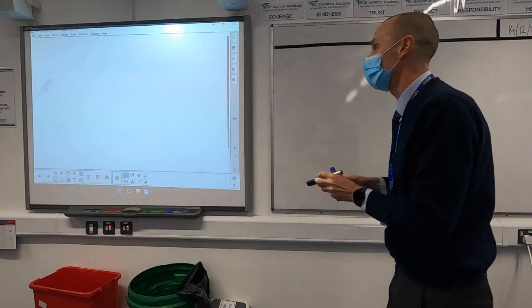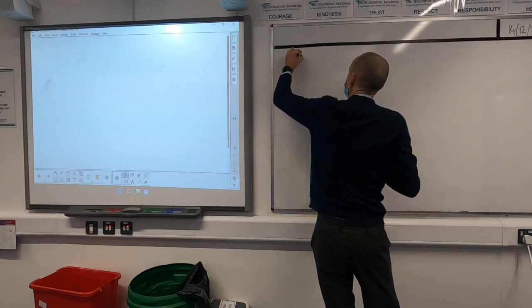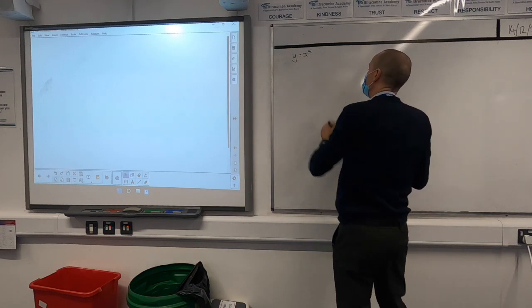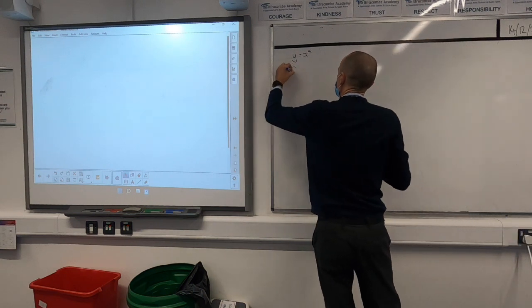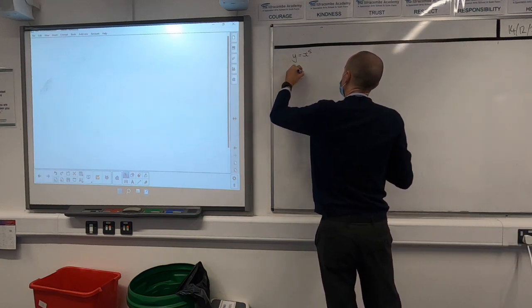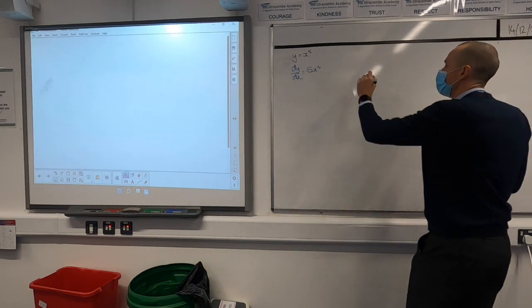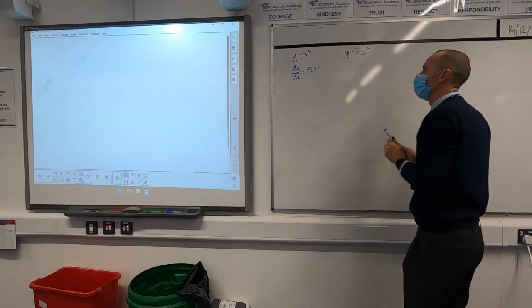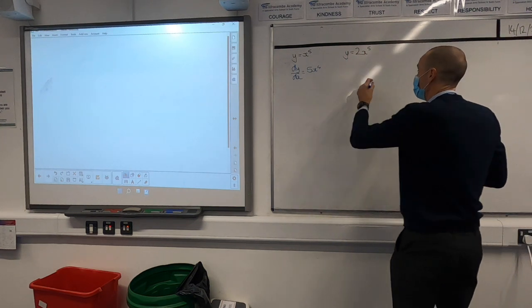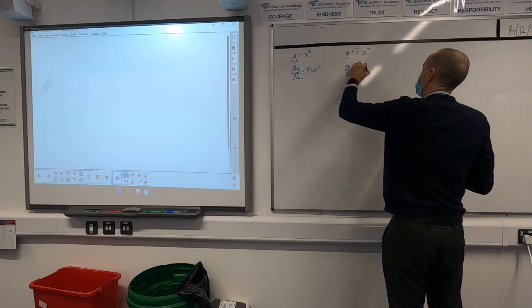So if I just remind you where we started, we've said, okay, if y is equal to something like that, I can differentiate that. And if you've got a coefficient out the front, well, I can differentiate that as well. The 2 is just sat there, so I get 5 times 2, 10.